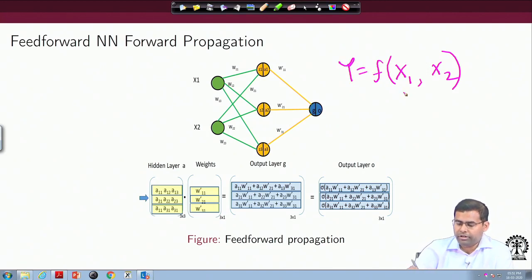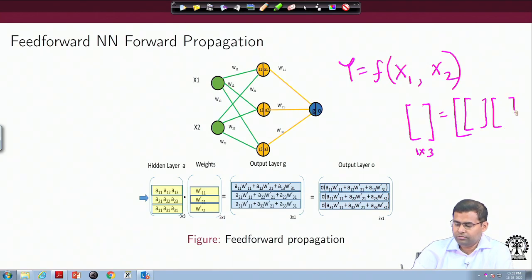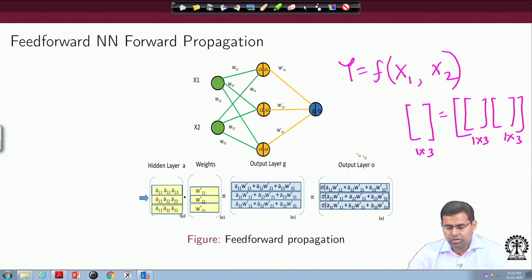We are trying to learn it like this, where this output is a vector of size 1 cross 3, and the inputs are all 1 cross 3s, right. That is the kind of relationship we are trying to learn here, and accordingly the system is tuned.